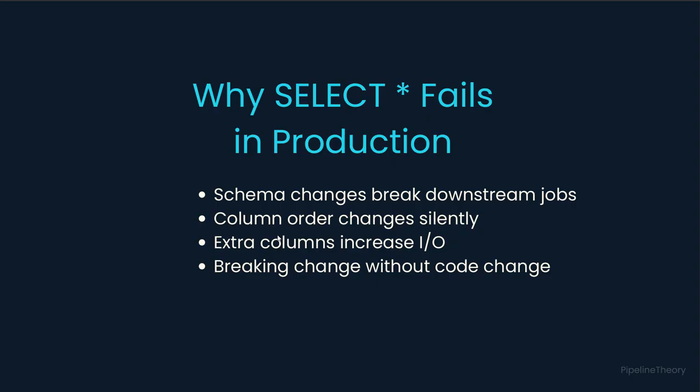That can also cause a failure at your end because the column orders are not going to be in sync between your upstream and your current system going forward. So that can cause a more serious problem than a column being deleted or updated in your source system. I'll explain that further in the next slide, how column order can cause more serious issues than the other scenario I told.